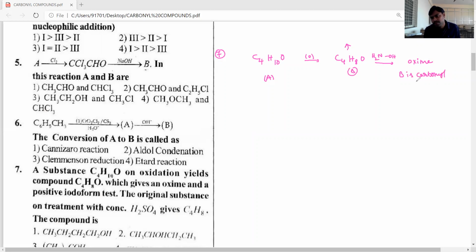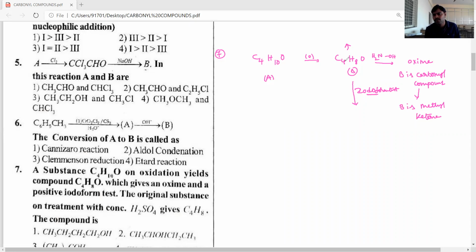Okay, and B is also treated with the iodoform test, positive iodoform test. Positive iodoform test means B must have a carbonyl group. B is a methyl ketone. So what is B, dear students?